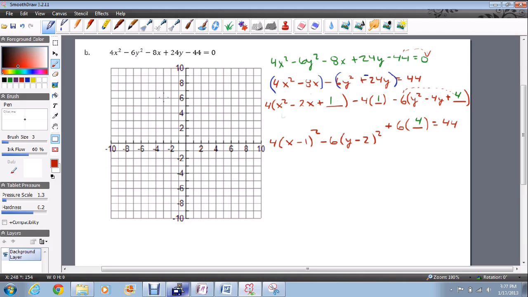I'm going to go ahead and combine my like terms, negative 4 and positive 24, to give me a negative 20. Oh, I'm sorry, I misspoke. Positive 20 equals 44.